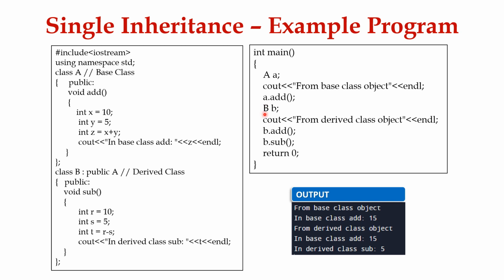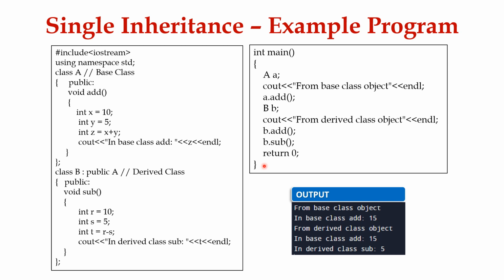Next we have declared the object for the derived class capital B and using the cout statement, we have displayed that from derived class object to the user. Using the object of the derived class, we have accessed the member function add which is available in the base class, and also the member function which is declared in the derived class, that is sub. Finally, the return statement has been given and the program ends here.